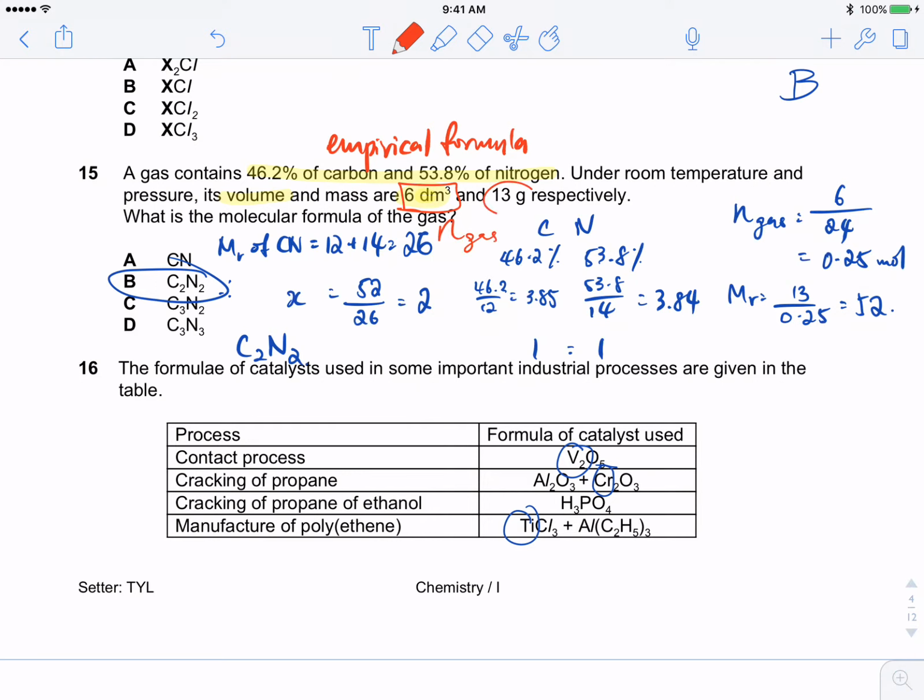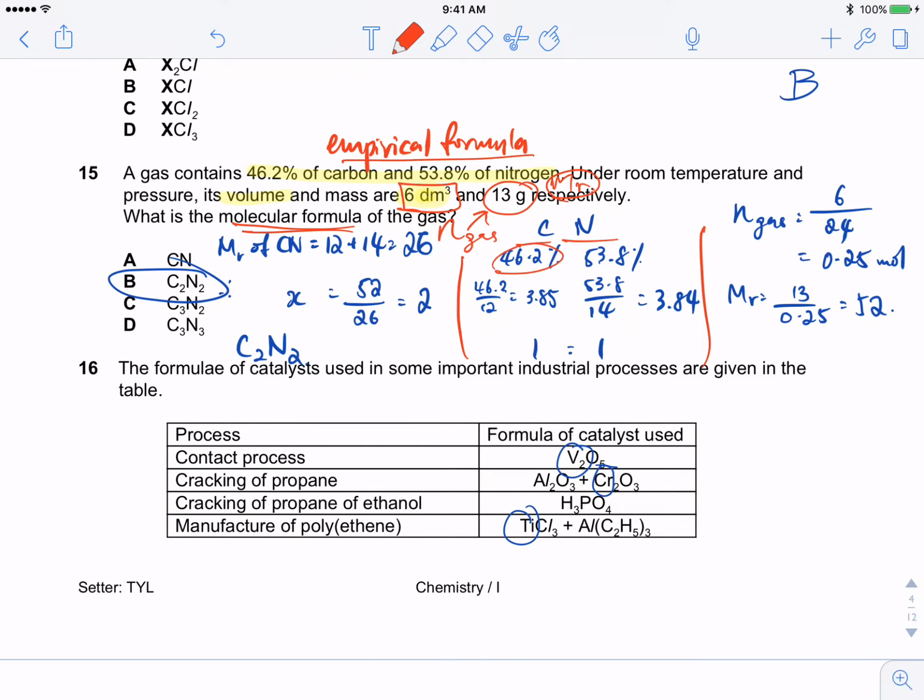Then it gives you the mass. With the number of moles, it can tell you the Mr. Therefore, with the empirical formula and the Mr, I can find the molecular formula. So, what should we do first? You can either tackle the empirical formula first, or you can find the number of moles of gas first. Up to you. What I did here is, I did the empirical formula first.